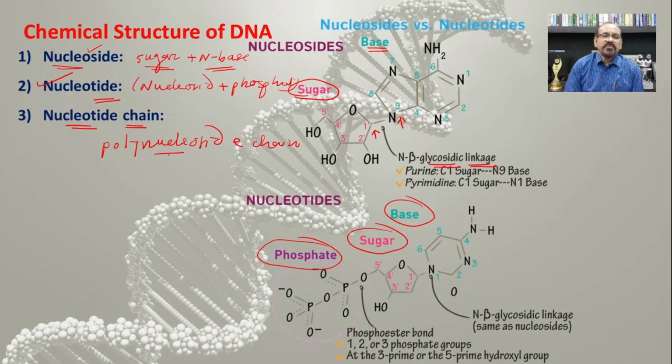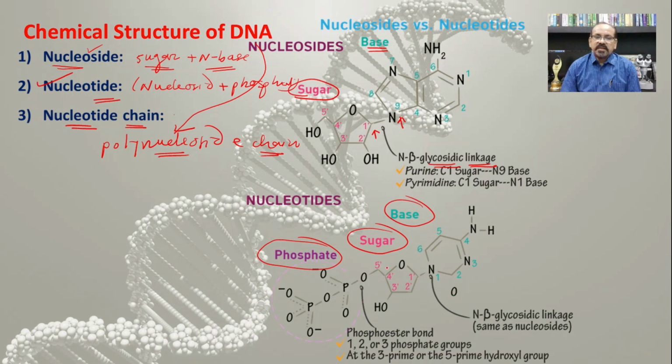DNA is nothing but a polynucleotide chain in which there is a presence of the sugar in the form of 2-deoxyribose sugar, 4 different types of nitrogen bases and the phosphate in the form of phosphoric acid.